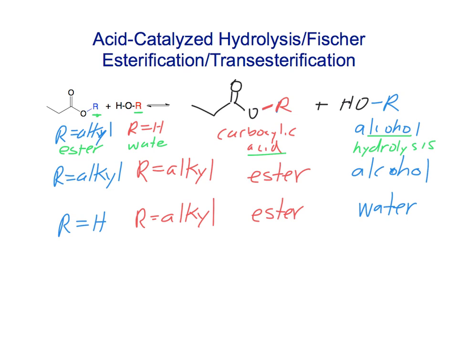If we start with R as an alkyl in the second one, again, this is an ester. If the red R is an alkyl group, then we're reacting it with an alcohol. What we're getting is a different ester plus a different alcohol. We're essentially exchanging this R group.